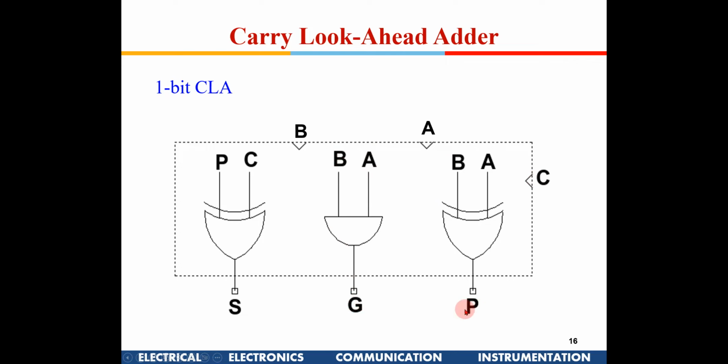Propagate means only one, either A or B, only one of them is 1. In that case, the carry depends on C. So if the carry in is 0, carry out will be 0. If the carry in is 1, then the carry out also will be 1. So the carry in needs to be propagated towards carry out. So that is why this is known as propagate. This is known as generate.